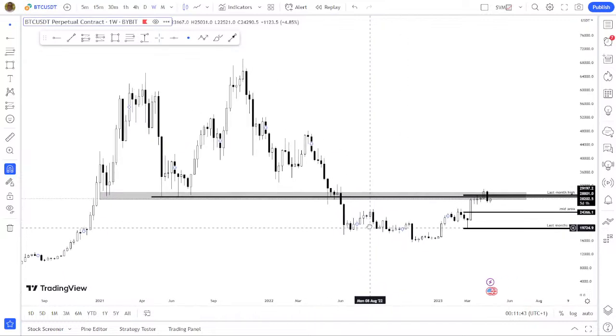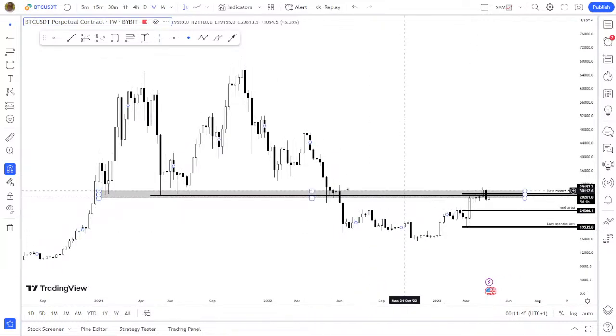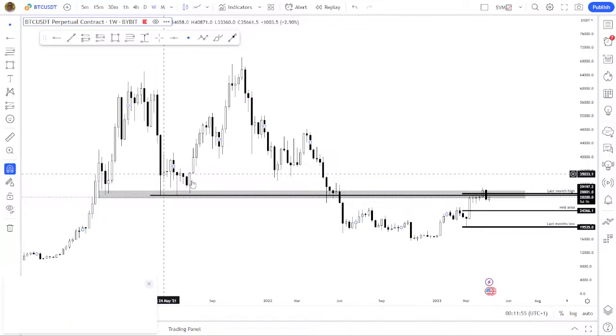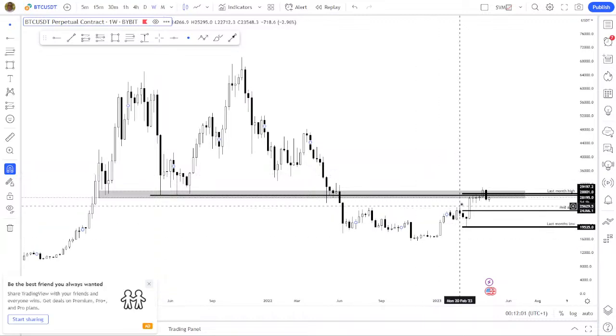In my view, this move into this area we have currently can still be an underside retest. The normal law of support and resistance is when a support gets broken, it automatically becomes resistance, and vice versa. That's the law of support and resistance, right?